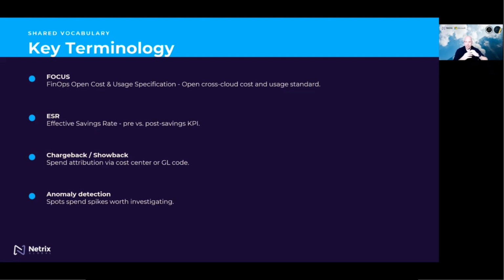Number two is probably the most visible KPI that we recommend for our customers, and that's what's called the ESR, or effective savings rate. The effective savings rate for an organization is pretty straightforward. It is: here is what list price is for everything that I have deployed across my clouds, and after things like reservations and savings plans and general discounts from the manufacturer, what am I actually paying and what's that difference?